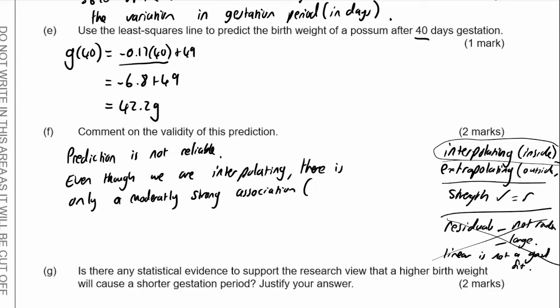And then in brackets, I'm going to write R equals minus 0.6. I'm just stating what the correlation is. So if you give an answer, it's worth 2 marks. Just try and show off how much you know. So we know we're interpolating, but we're also acknowledging that there's only a moderately strong association.